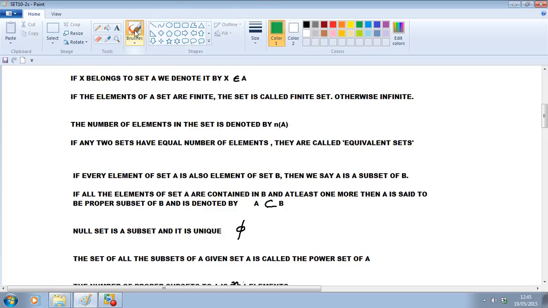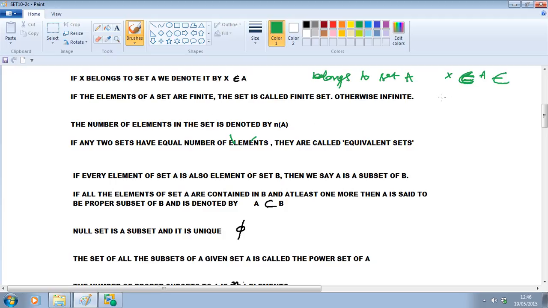In this first one, we are telling that x belongs to set A. If there are sets A, B, C, we say x belongs to set A or set B, as a condition. So we put the symbol ∈ like this.